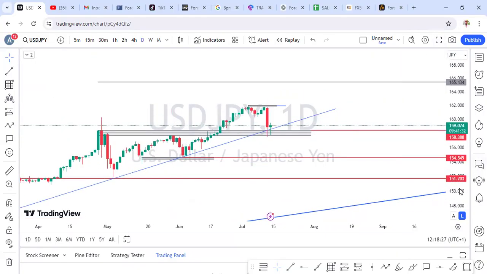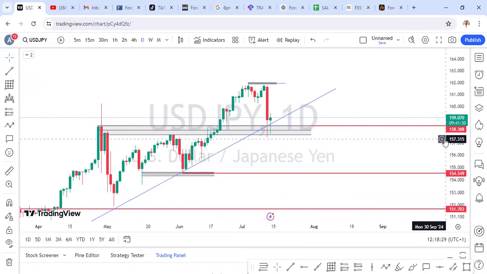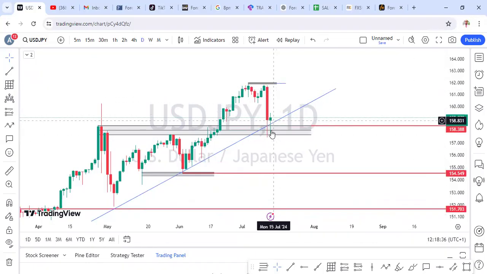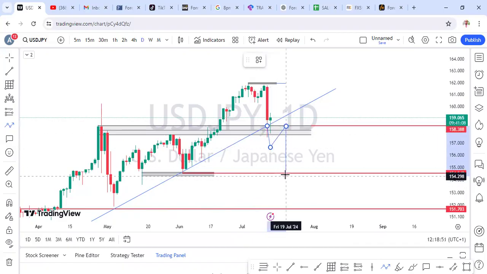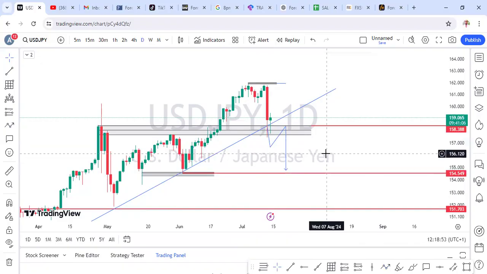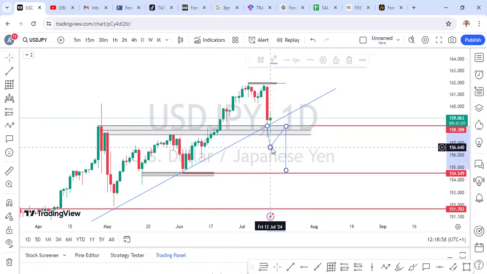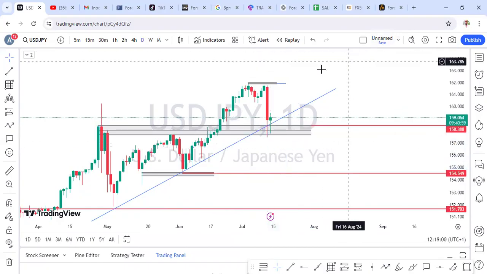So now GJ, you can see yesterday, even yesterday, this guy refused to close below the trend line, even this low. A sell will be if price closes below this low, then a pullback, then we'll come back to this base. But failure for price to close below this zone shows that our bullish is still intact.